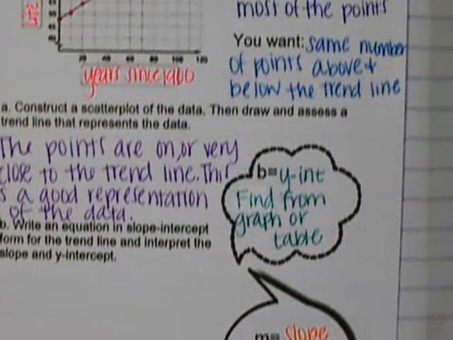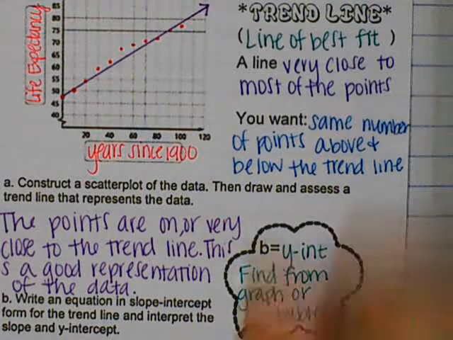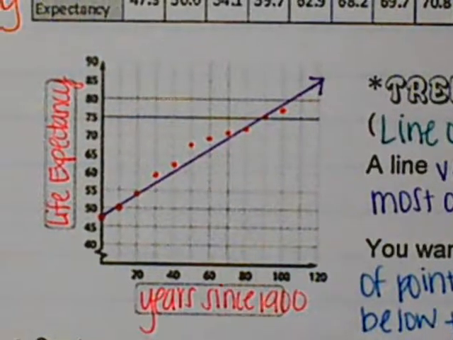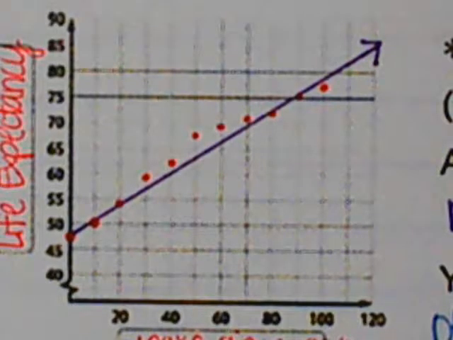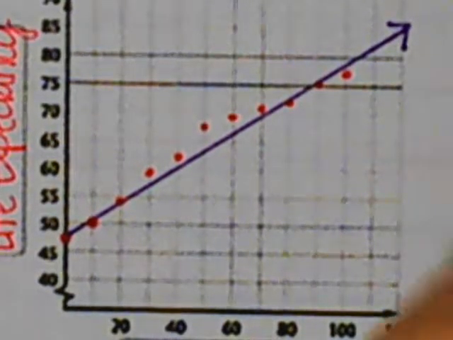So we're going to start with slope, come back up to our graph. We're going to find 2 points that look to be pretty exact on our trend line.